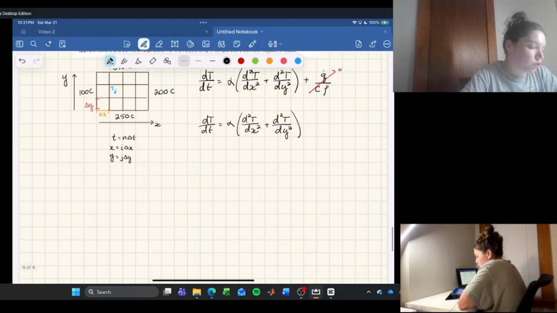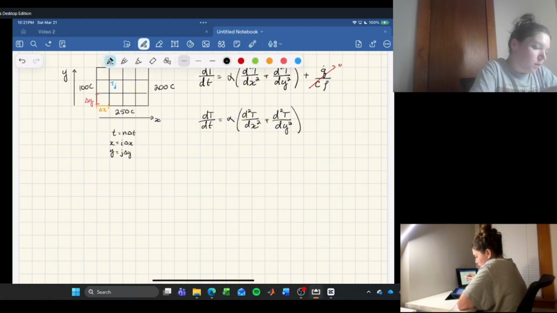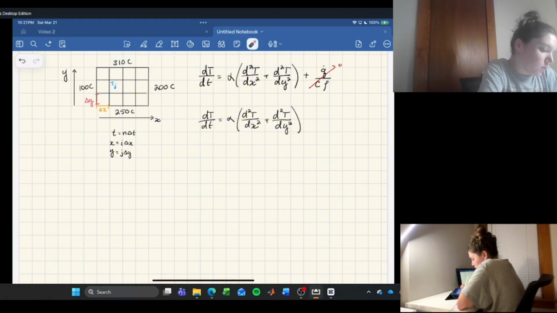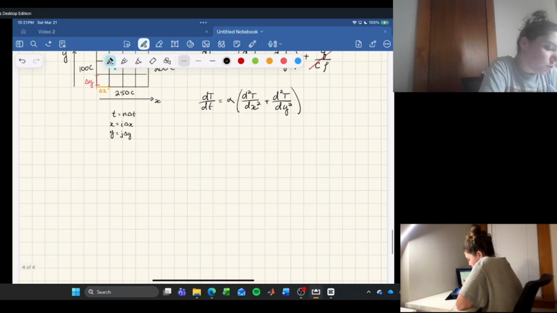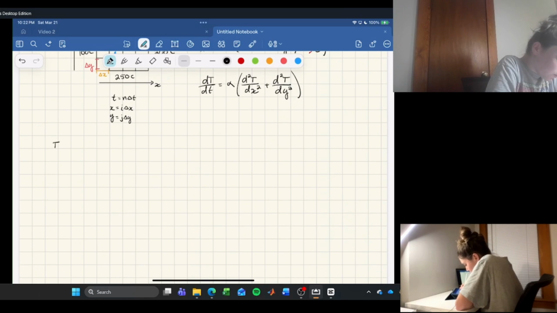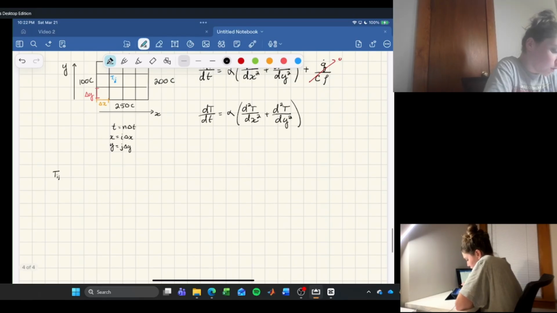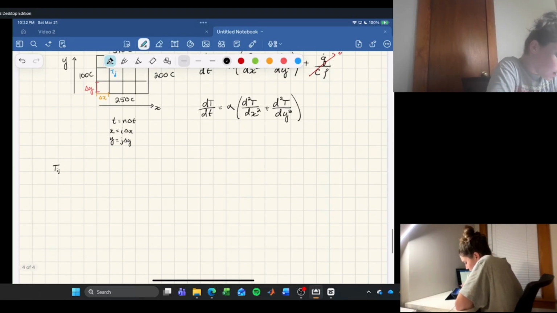So we can rewrite this equation using these terms. So the change in temperature is going to be the temperature ij. This is somewhere on this block, and this is going to be to the right of where we are because it's how temperature is changing.